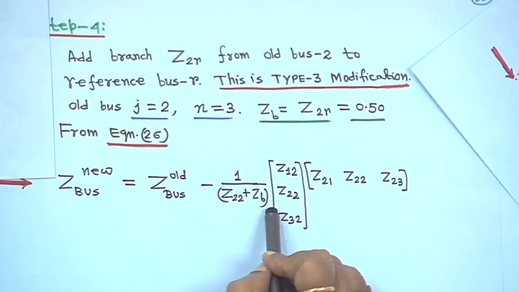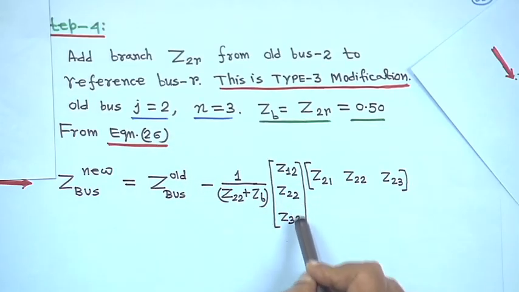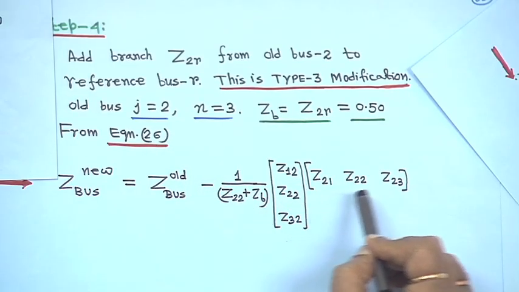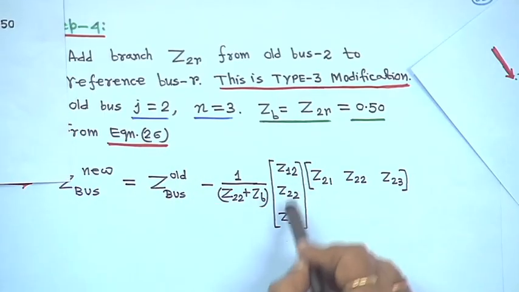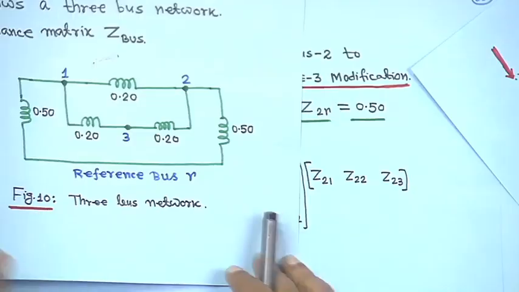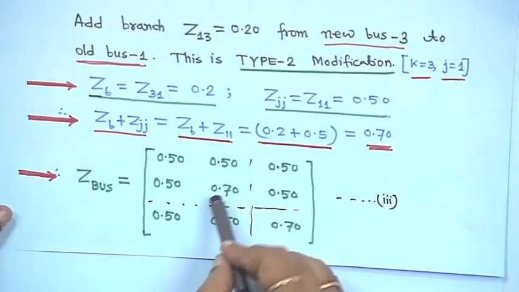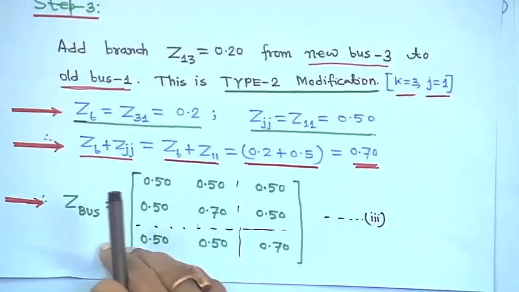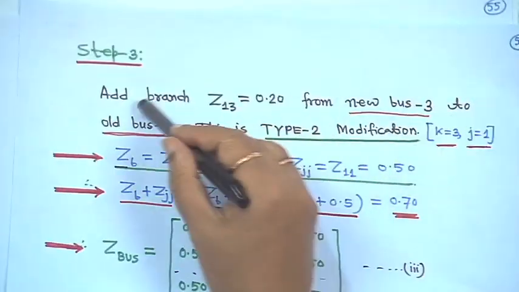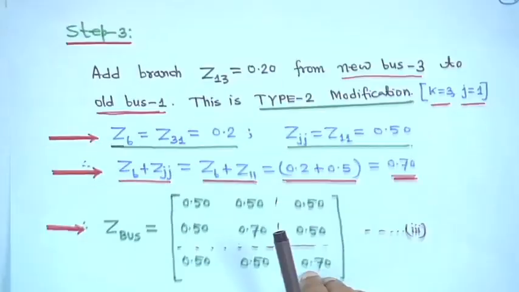So, Z22 plus ZB, this is Z12, Z22, Z32 and this is Z21, Z22, Z23 only from this equation. All these things, Z12, Z22, Z32, are known from your step 3 calculation.